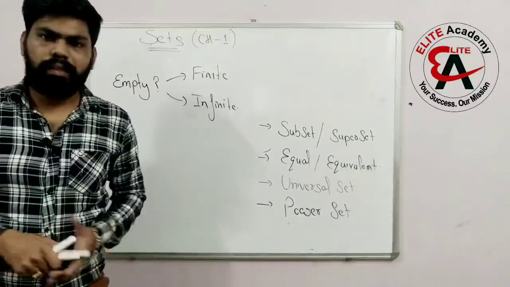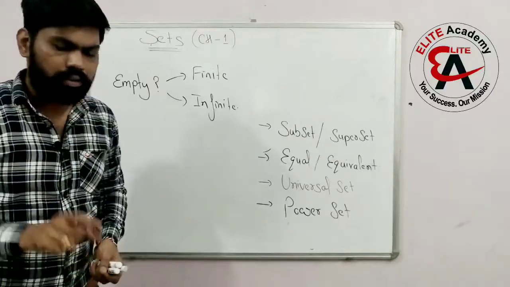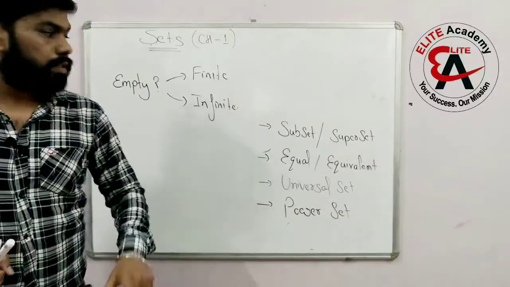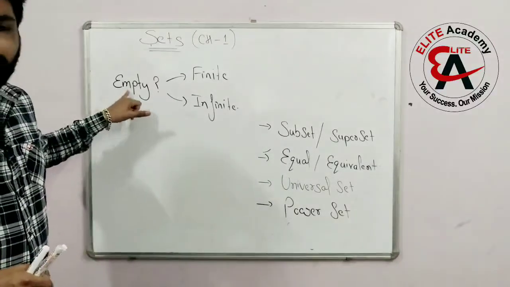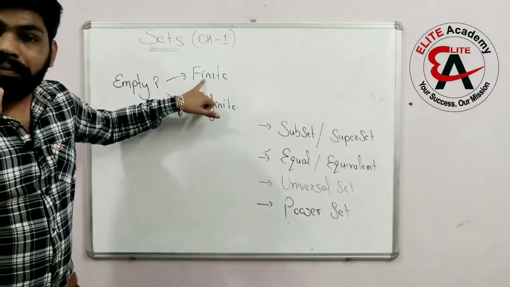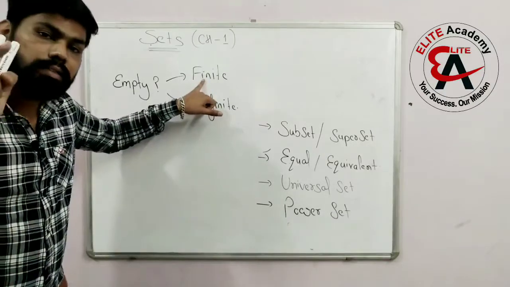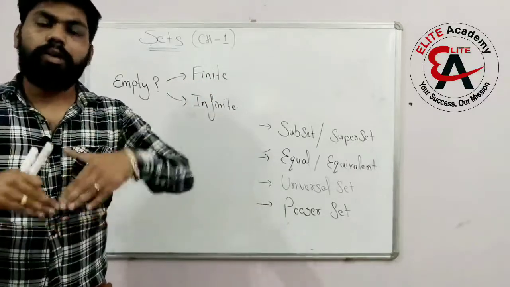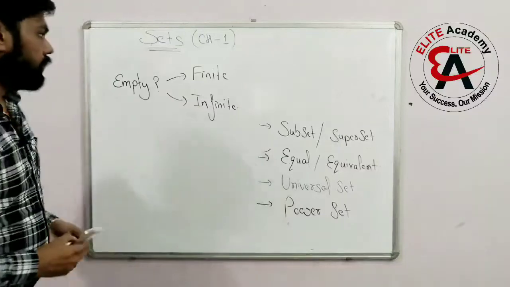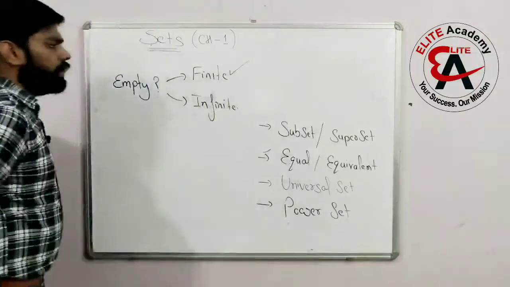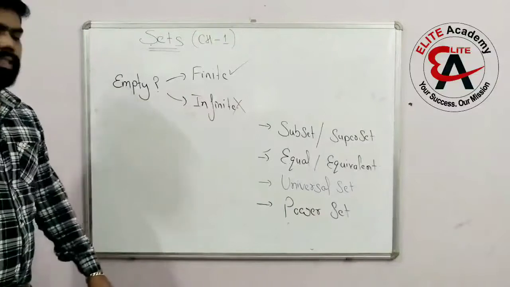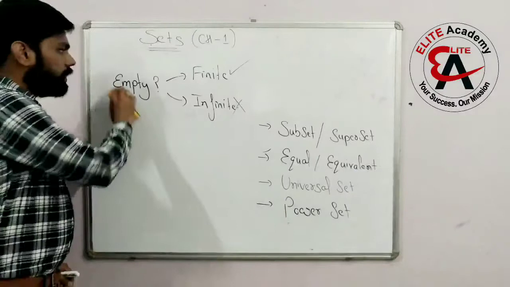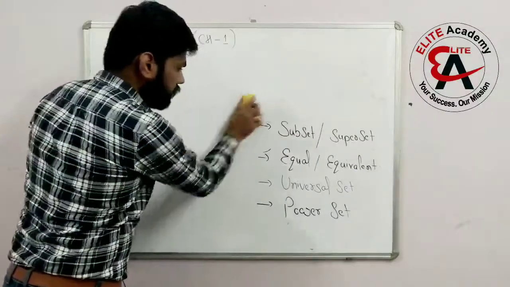How many elements are there? 0. If you are saying 0, 0 is a number. If 0 is a number, it is countable. If it is countable, for sure it is going to be a finite set, because the empty set is empty but it contains 0 elements. It is countable, not uncountable. Okay? So the empty set will always be a finite set. It's not an infinite set. Is that clear or not? So this is the difference between finite and infinite sets.